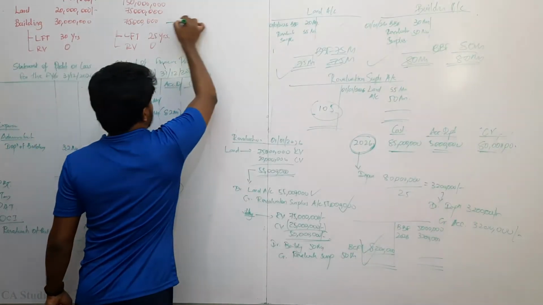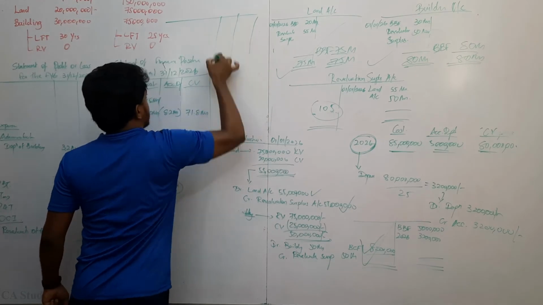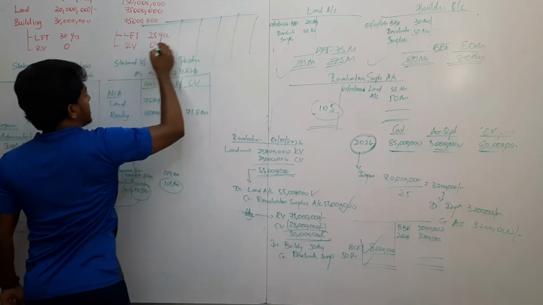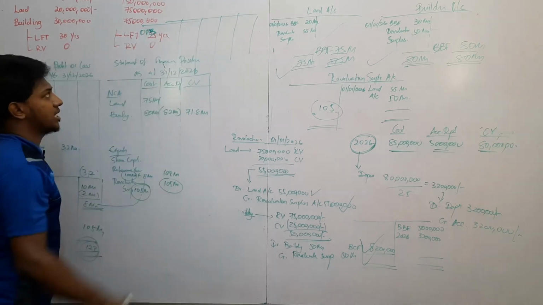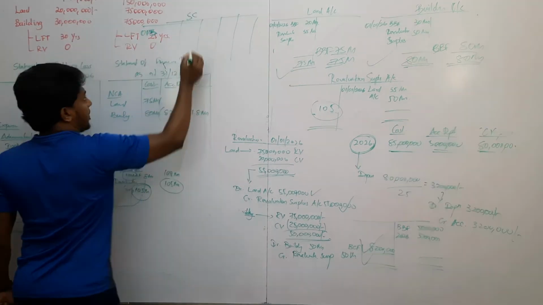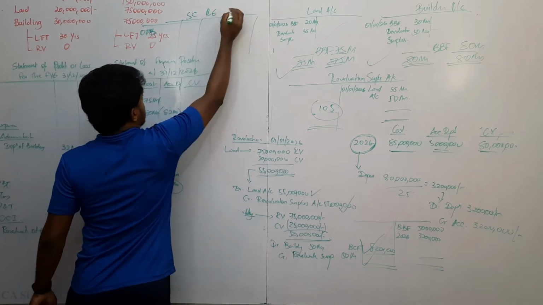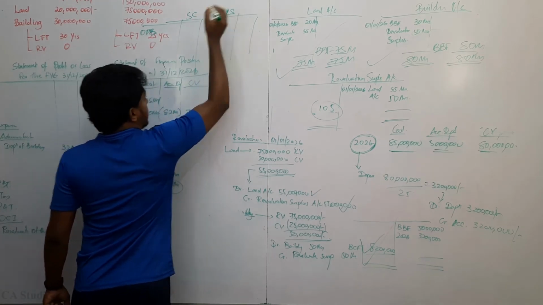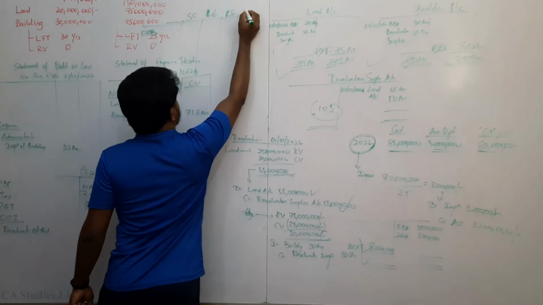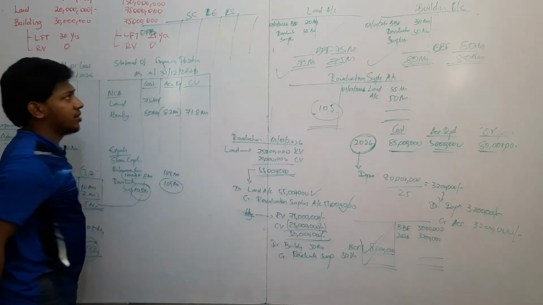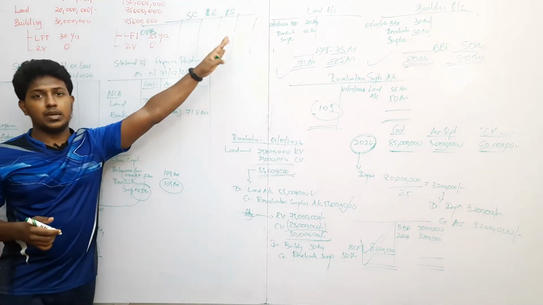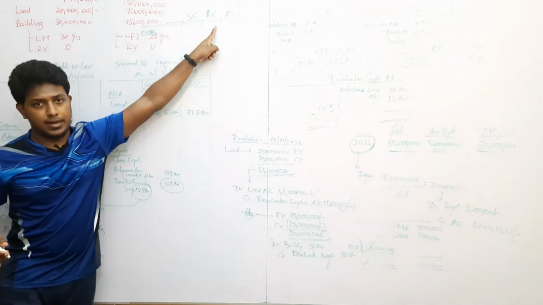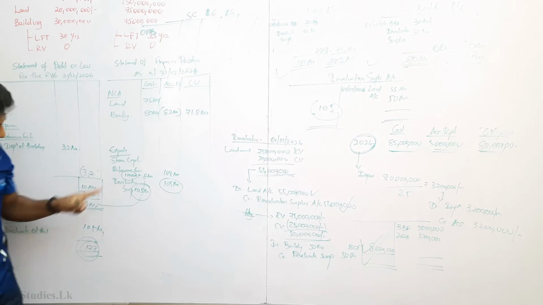We have to prepare the statement of changes in equity. In changes in equity, the opening balance of each item. First one is share capital. Second one is retained earnings. Third one is revaluation surplus, right? Fourth one, we can take anything. We can take all the items which cannot come under the retained earnings. Retained earnings means profit.